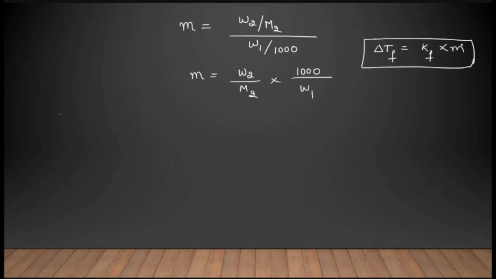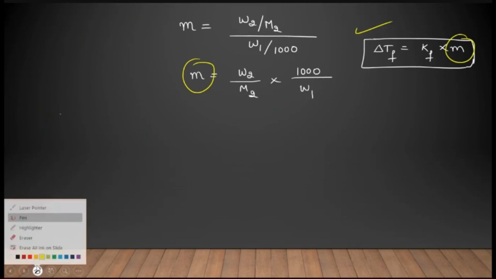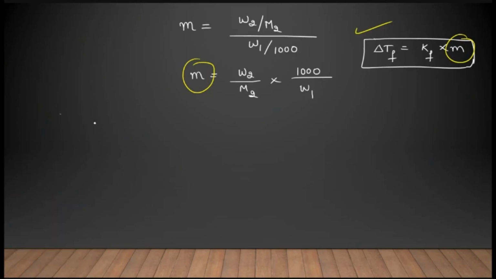We'll get delta Tf is equal to Kf into W2 into 1000 divided by M2 into W1.